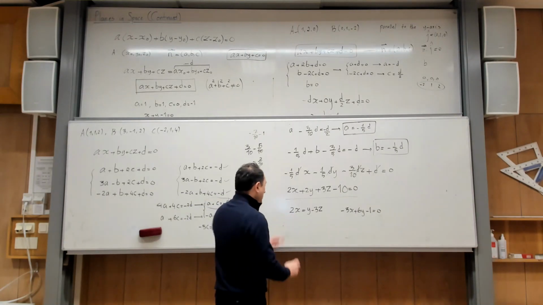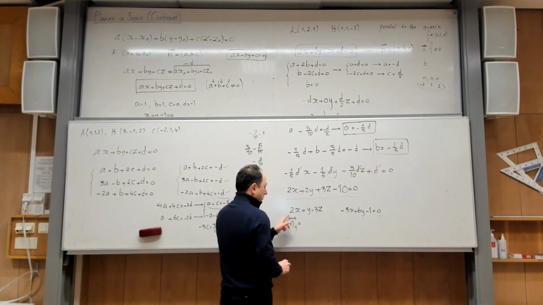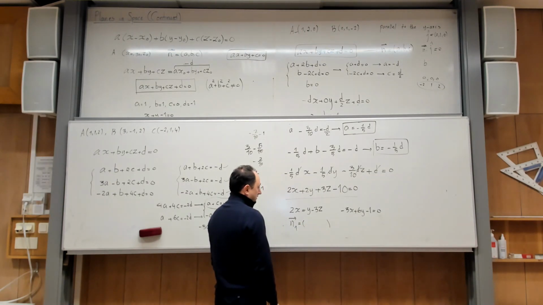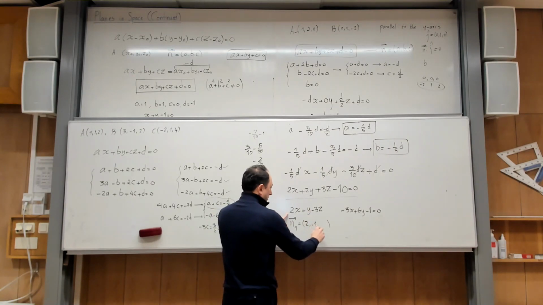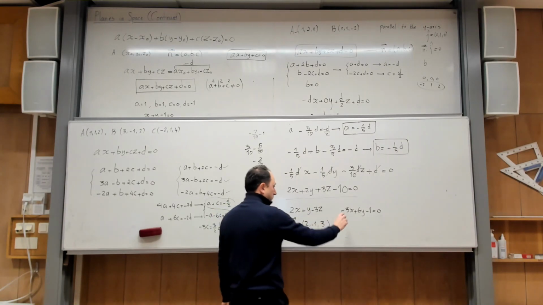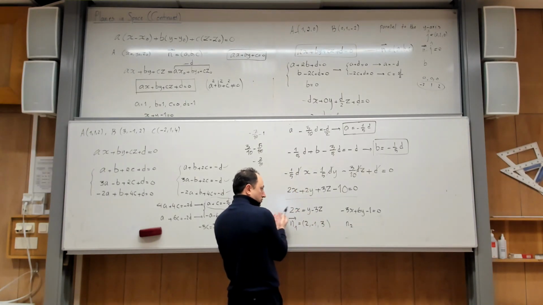So for example, let me call the normal vector for the first component n1. What are these? Can you tell me? 2, minus 1. Minus 1, thank you. And positive 3. Yes? For n2, you have to move everything to one side.